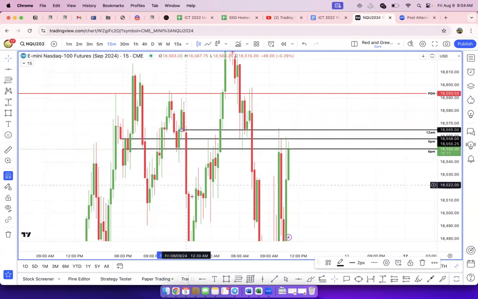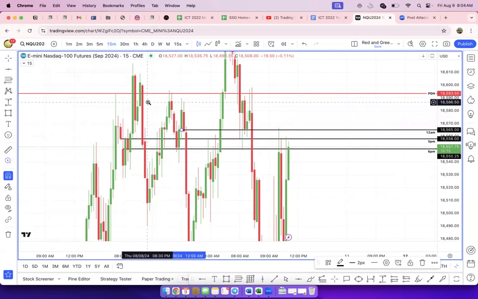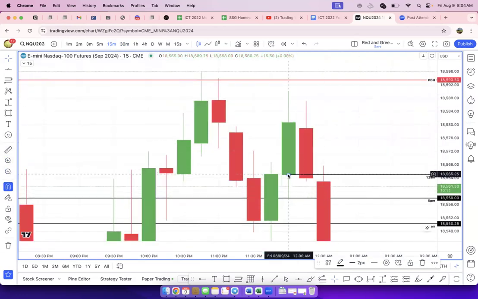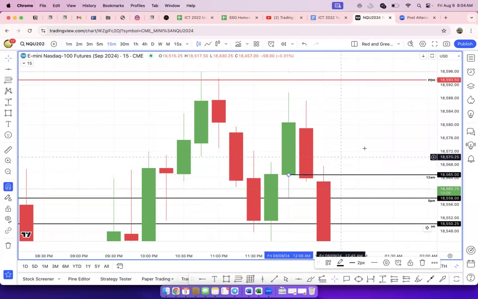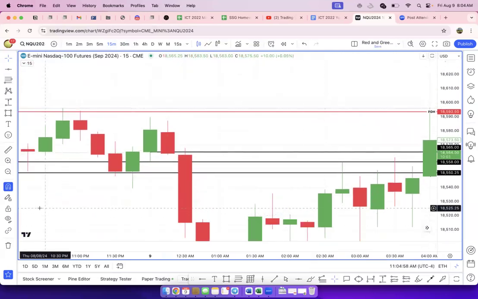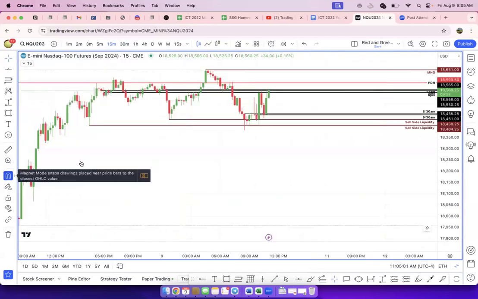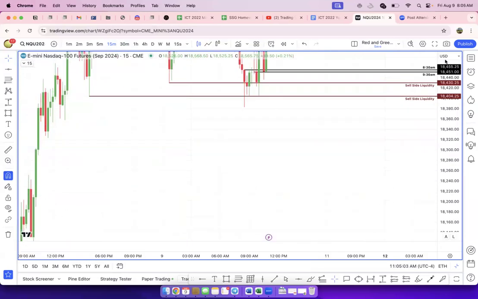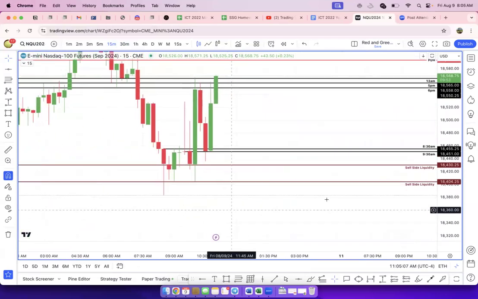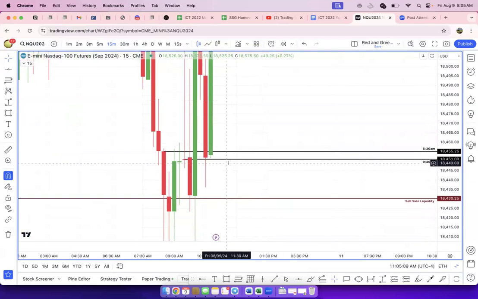When you are labeling this candle right here, this candle opened here. You want to label the green candles at the opening, which is at the bottom of the candle. If you have a down close candle or a red candle, then obviously you're going to label the top of the candle.